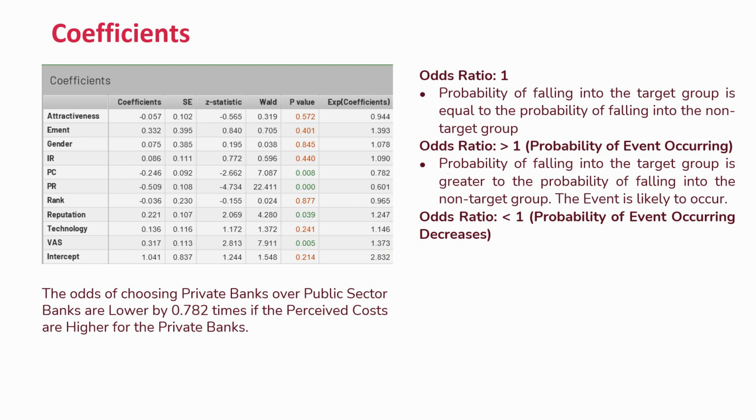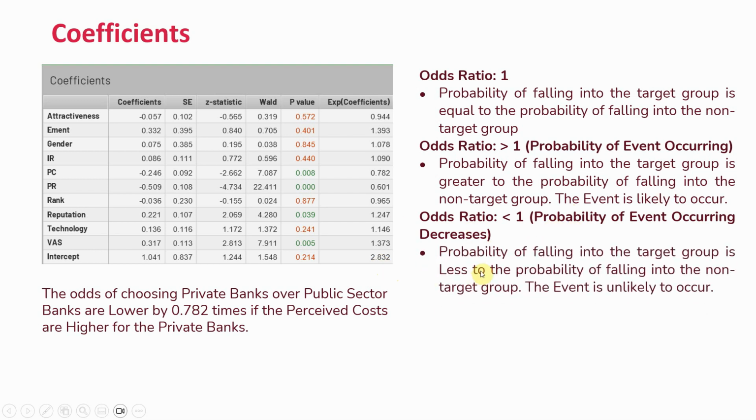So the probability of falling into the target group, that is a particular person selecting the private sector bank, is greater to the probability of falling into the non-target group, that is not selecting the private sector bank or selecting the public sector bank. The event is likely to occur. Now, odds ratio less than 1, probability of falling into the target group is less than the probability of falling into the non-target group. So, the probability of falling into the non-target group is higher. The event is unlikely to occur.